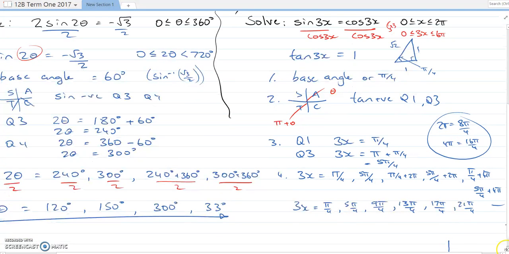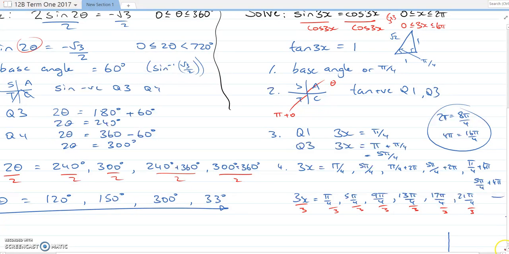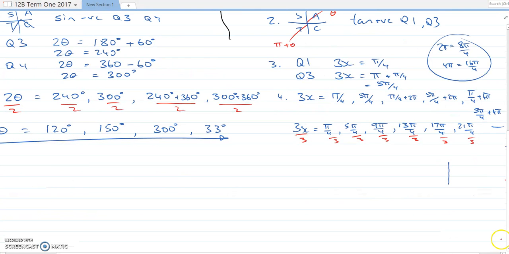Last step, divide them all by 3. And all it's going to do is change all the bottoms to 12 instead of 4. Although there may be some that'll simplify. Anyway, it's just working with fractions. Okay, this is going to be pi over 12.